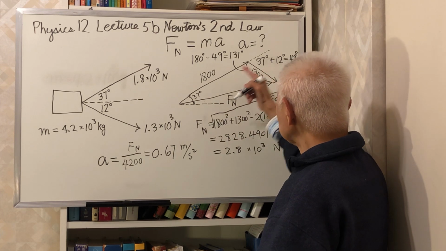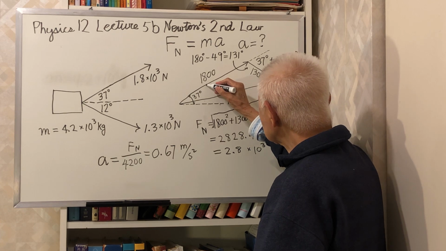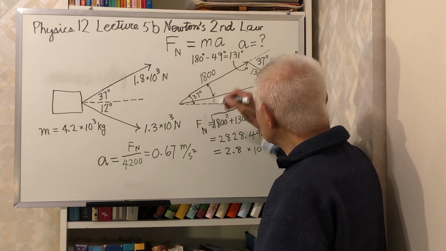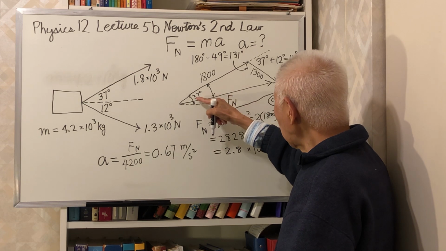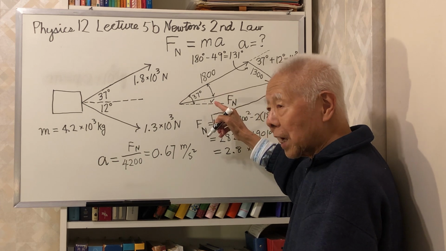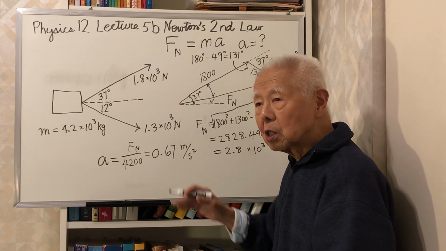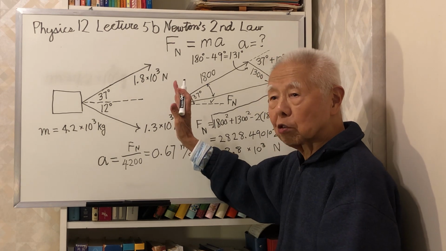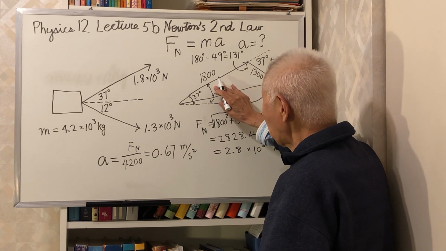I have the triangle. I can use sine law to find this angle. Once I have this angle, I subtract it from 37, I get this angle, you see? And this is the angle I want, because usually you label the angle with respect to the horizontal or with respect to vertical, whatever. So I need to find this angle using sine law.